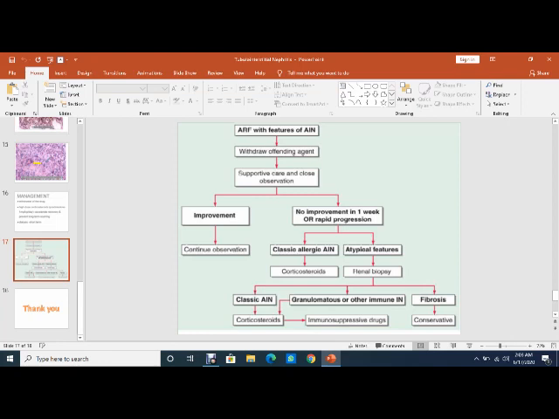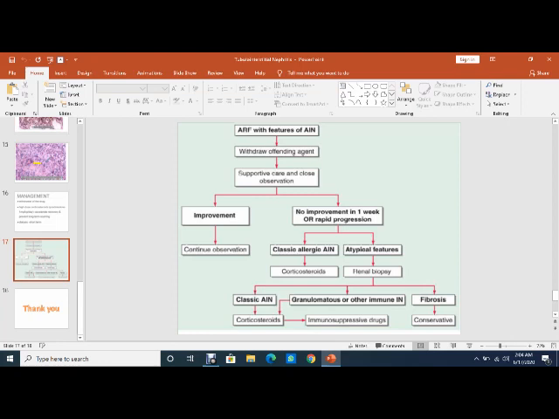The renal biopsy will tell us whether the patient has classic acute interstitial nephritis. If it shows classic acute interstitial nephritis, steroid is always recommended, and immunosuppressive drugs. If the renal biopsy shows granulomatous or other immune interstitial nephritis, again steroids and immunosuppressive drugs have a role to reduce these problems.